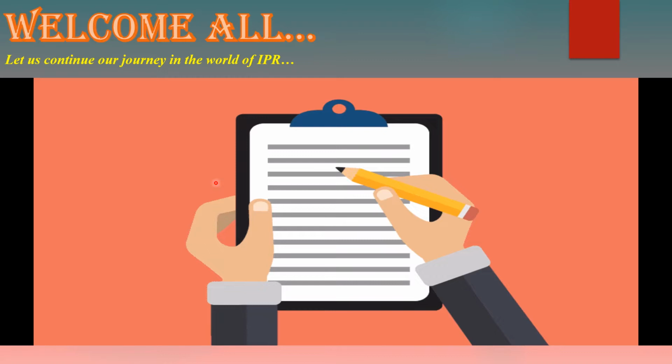Okay, and for this we require to apply for the same via an application. Okay, and this is done via form number 12. So we can see one thing here.